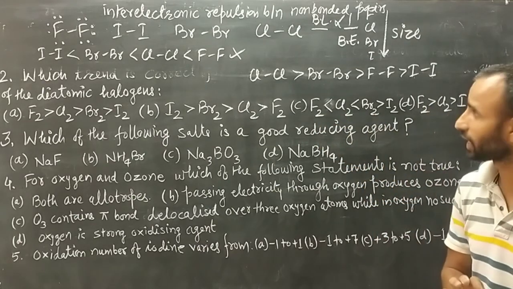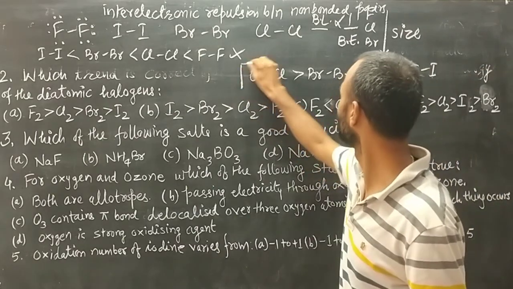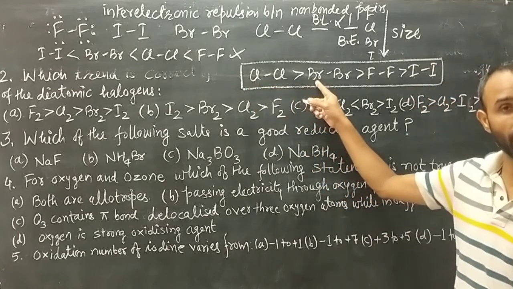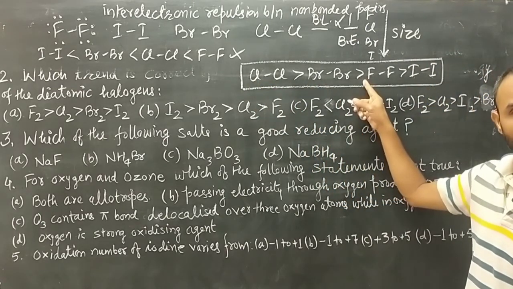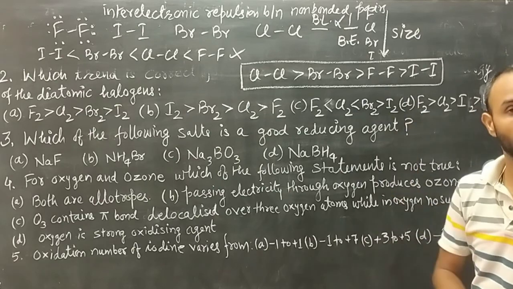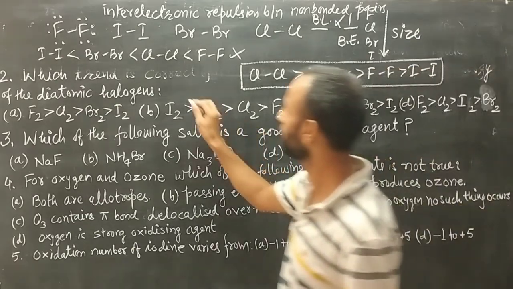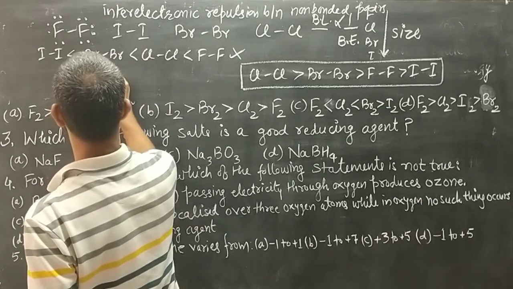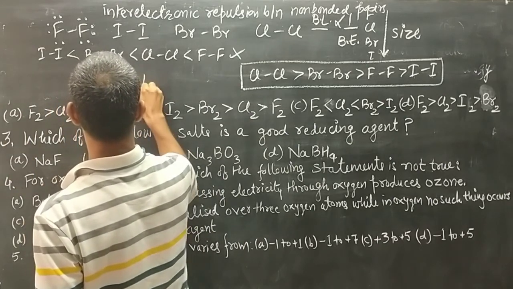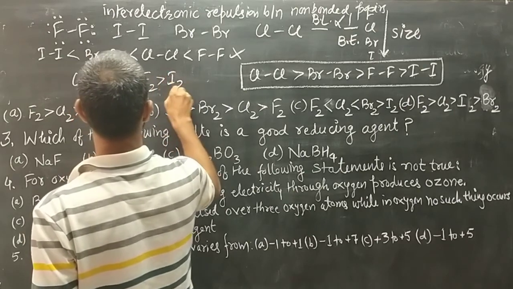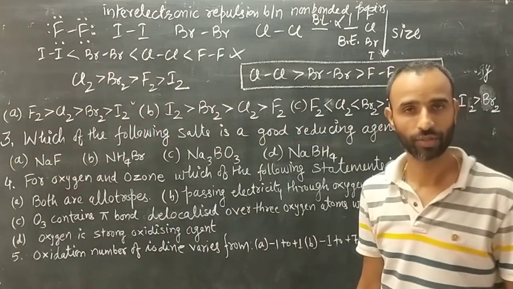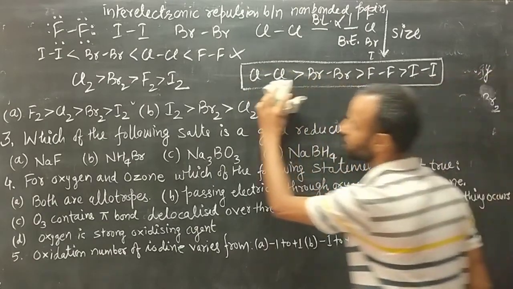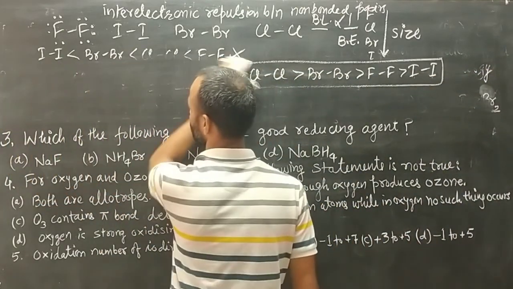No option is correct. Actual option should be Cl-Cl greater than Br-Br, which in turn greater than F-F, then I-I. Means trend should be Cl2 greater than Br2, then F2, and at the end I2. Right? So in this question, no option is correct.